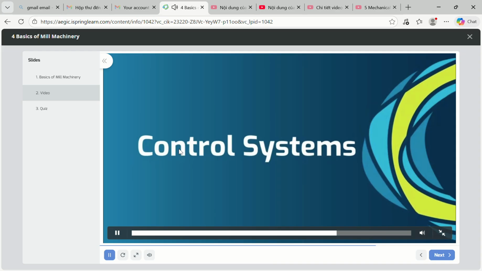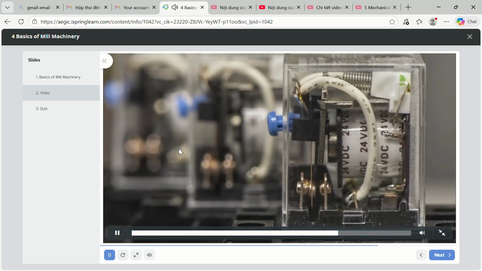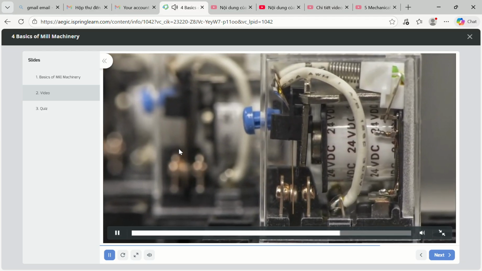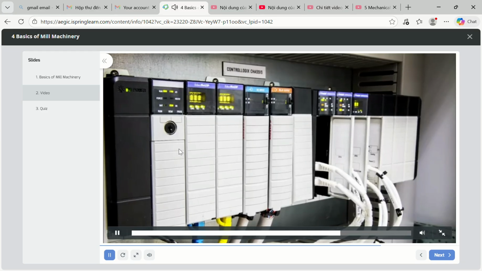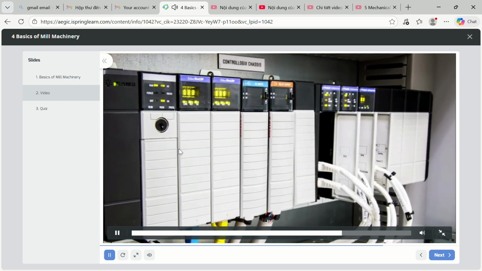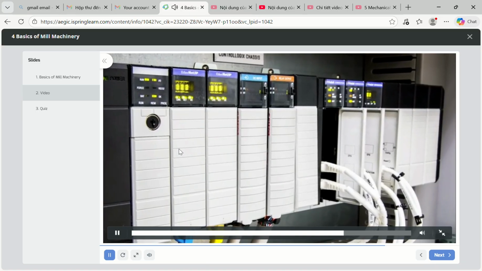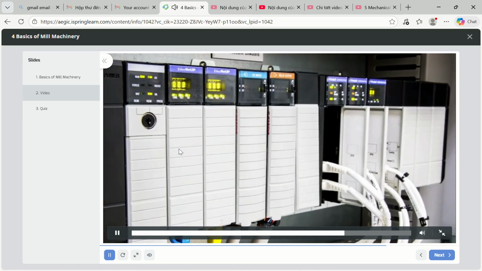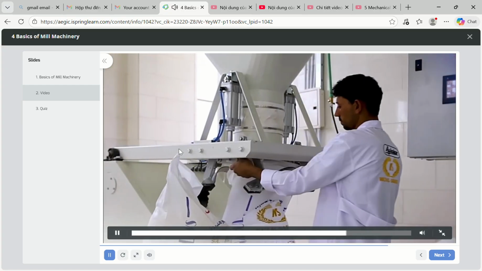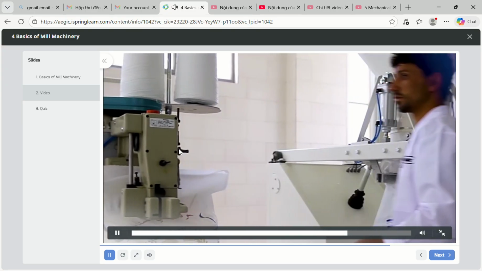Control systems. Control systems might be hardwired, such as with relays, or they might be programmable like very small computers, such as with programmable logic controllers or PLCs. For example, a packing machine can be reprogrammed as needed to change the weight of flour added to a bag.